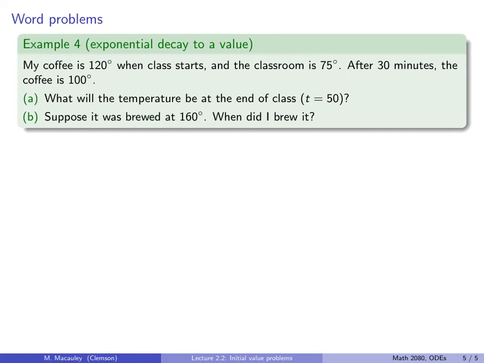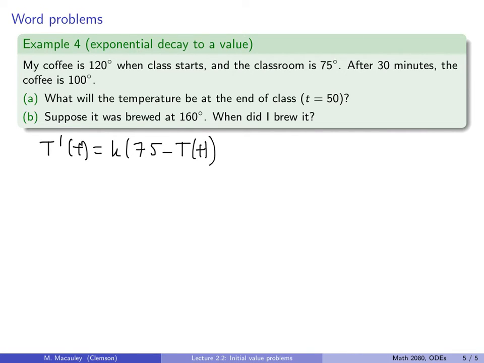To do this, the first thing to do is write down the differential equation. This is something you should know by now. T prime of t equals k times (75 minus T). I don't need to write the of t's by now.